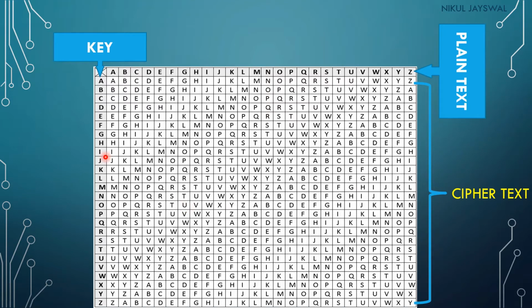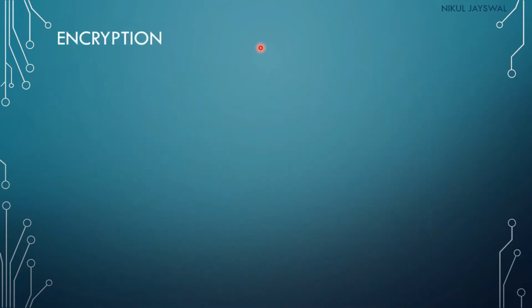So remember one thing: the first column of the table serves as the key, and the first row of the table serves as the plain text. Before we start encryption and decryption in the Vigenere cipher, we construct this type of table. Clear? Now we will see how we perform the encryption.